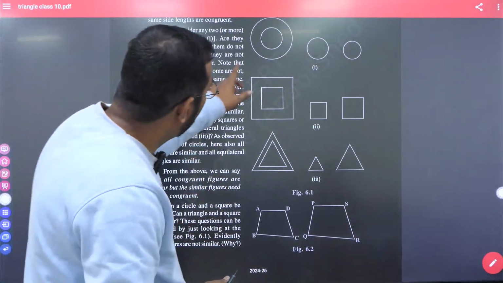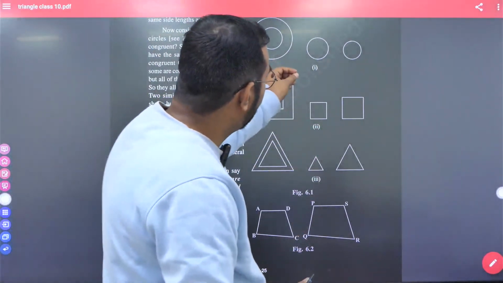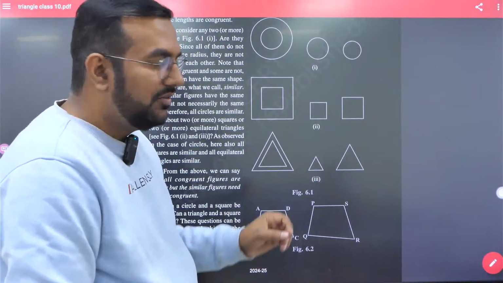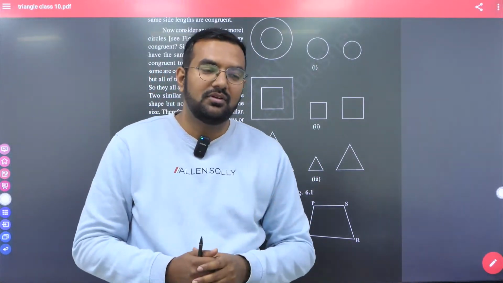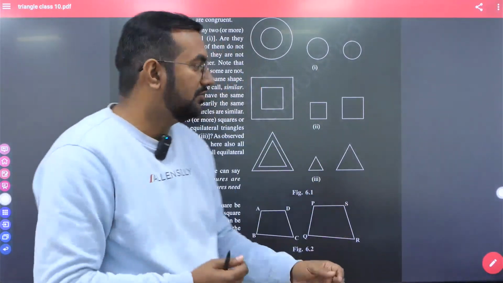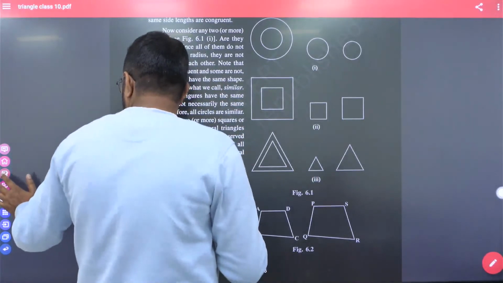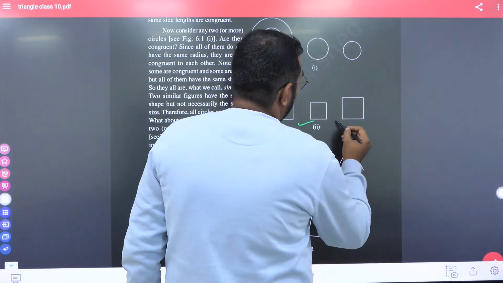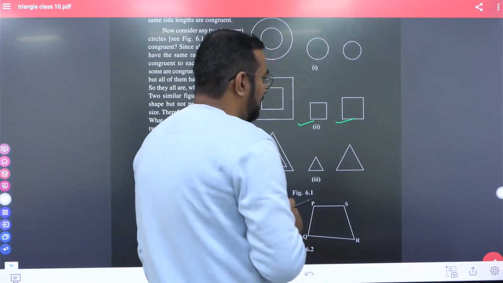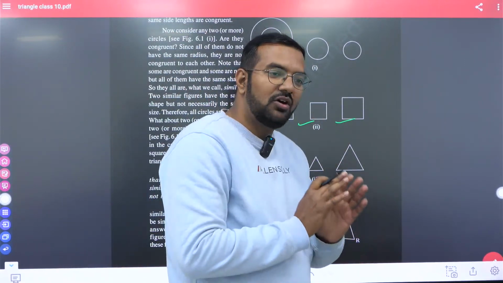If you draw a square on the board and ask a student what shape it is, he will always reply a square, because the shape of a square is always the same. Their size can be different. For example, these two squares differ in size, but their shapes are the same. So two squares are always similar.